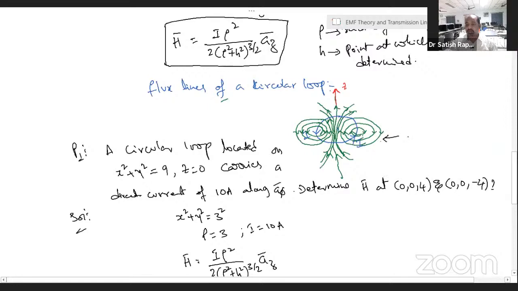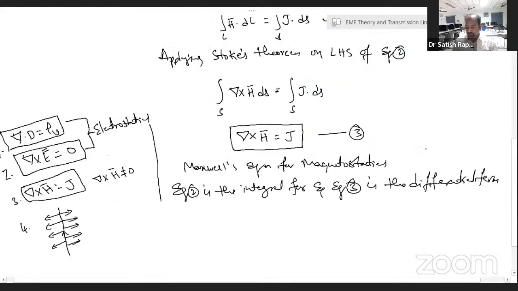Here if you observe, the magnetic flux lines are closed. Therefore curl of magnetic field is not zero, because they are closed.